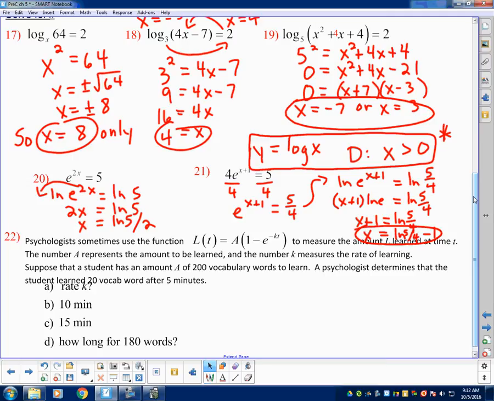So subtract the 1 over. All right, so don't forget to divide first here. Move that 4 over first. All right, any questions on that?